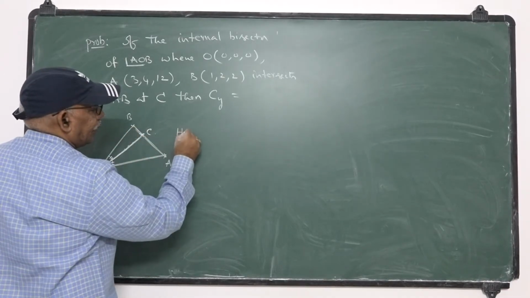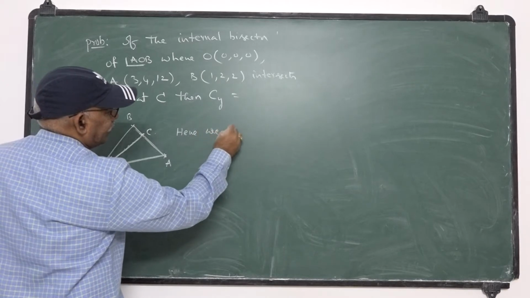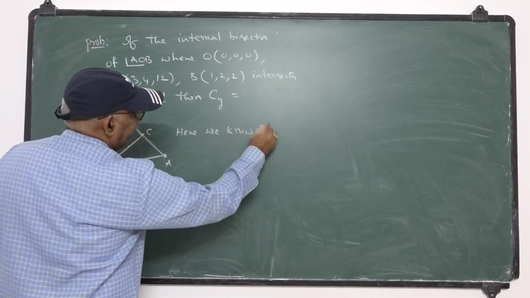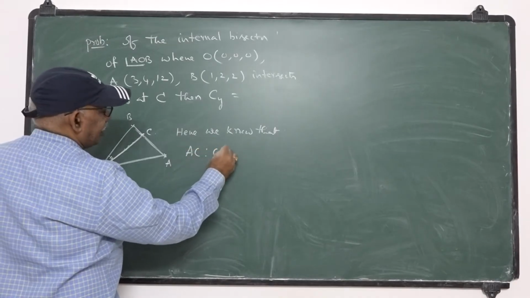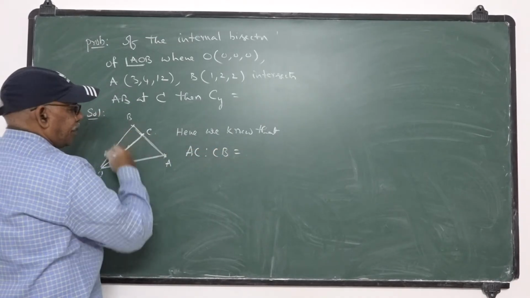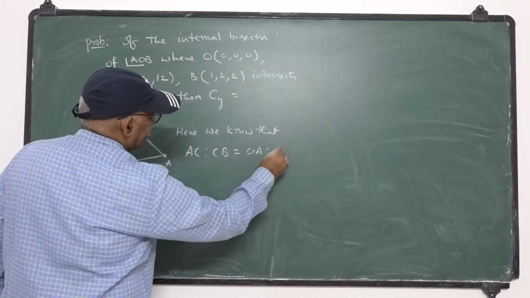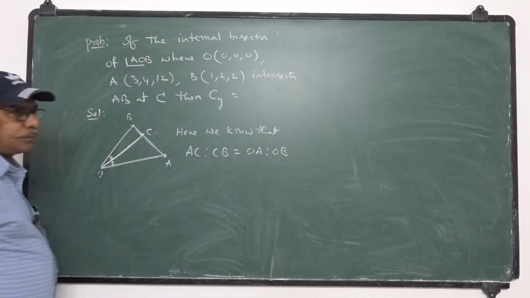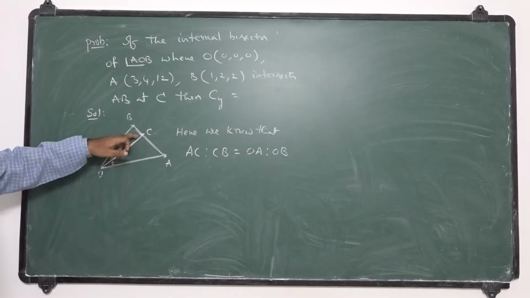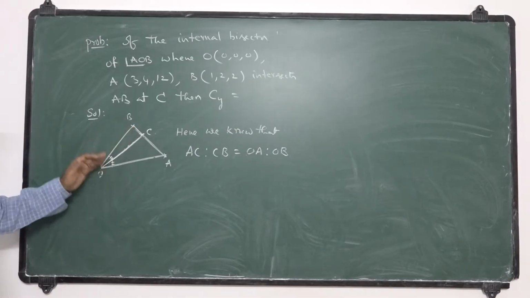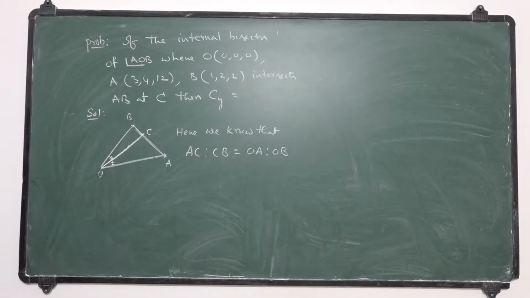That is, as per our plane geometry, AC is to CB equal to OA is to OB itself. Here C divides AB in the ratio of other two sides.